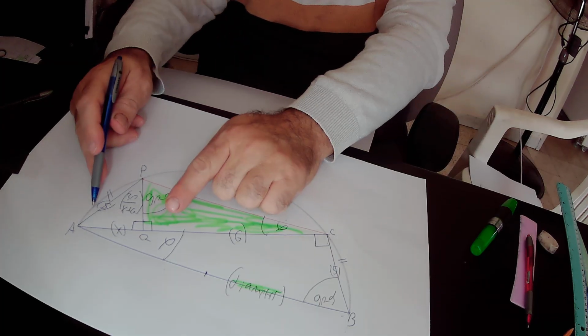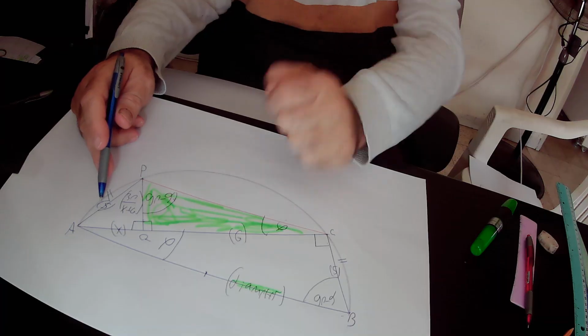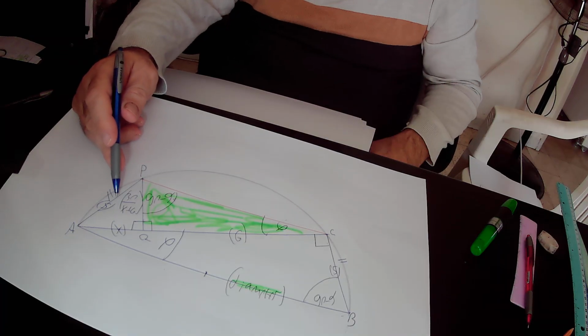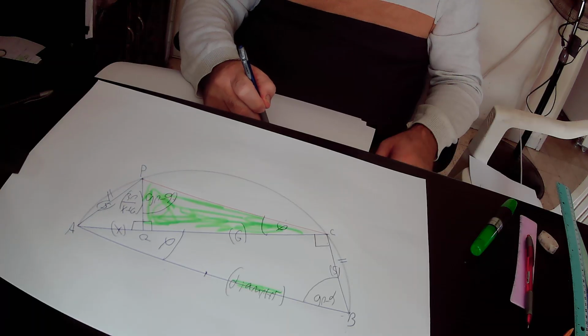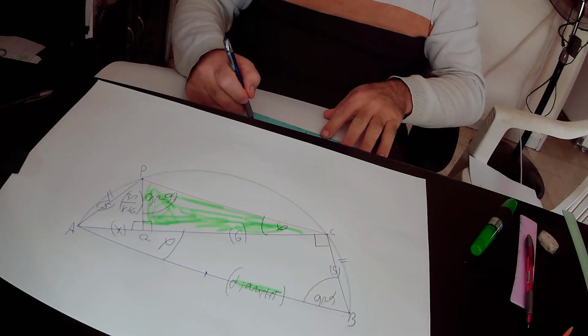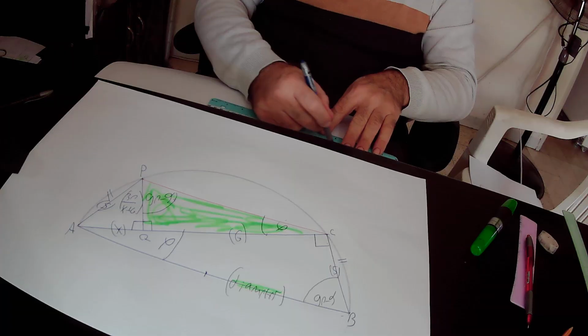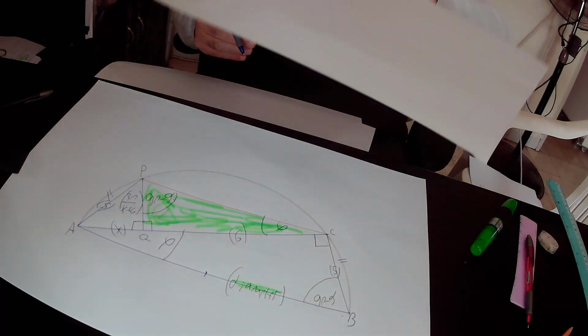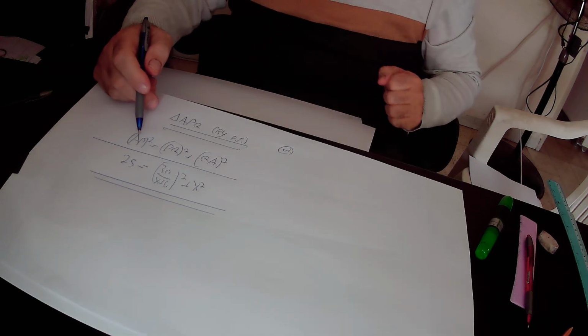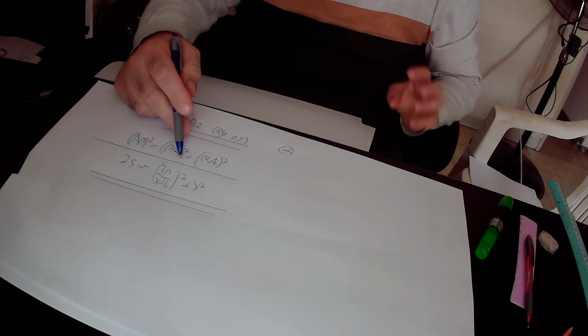Plus QA. QA is x, therefore QA squared is x squared. QA is the line segment that we are looking for in this question. So in total, we found out that 25 equals (30 over x plus 6) squared plus x squared.